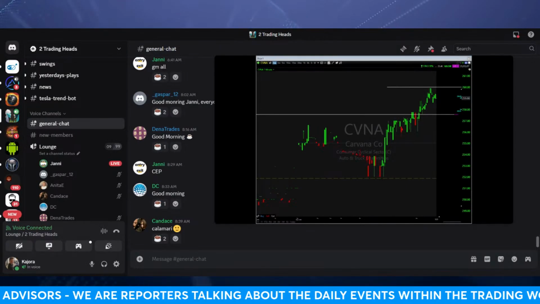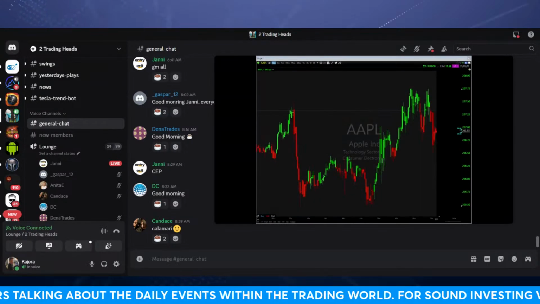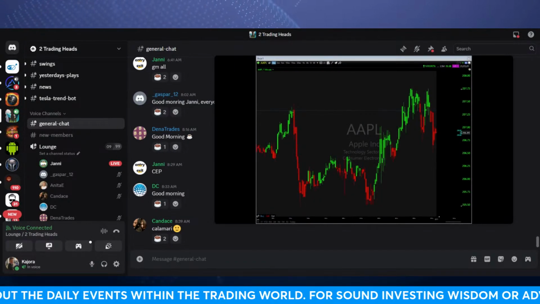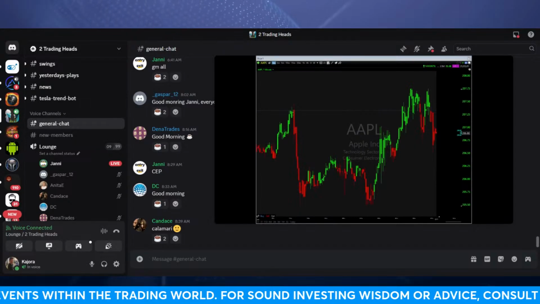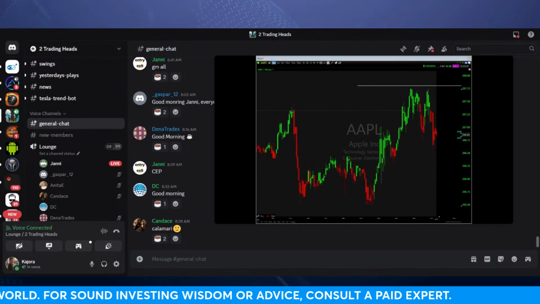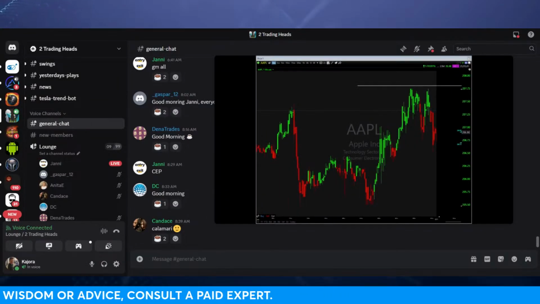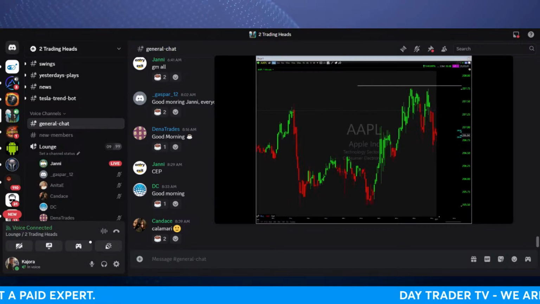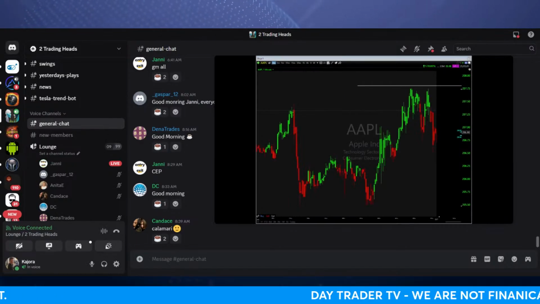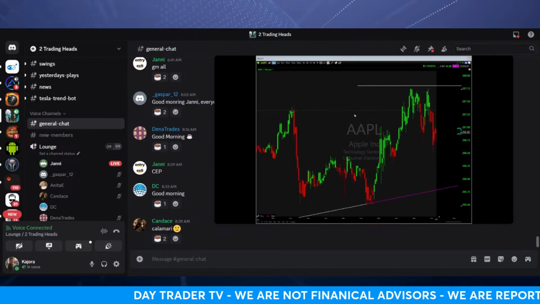Apple is making a move to the downside. It came up to resistance. We had multiple resistance lines on Apple that were printed up there in the general chat regarding the earnings on Apple.